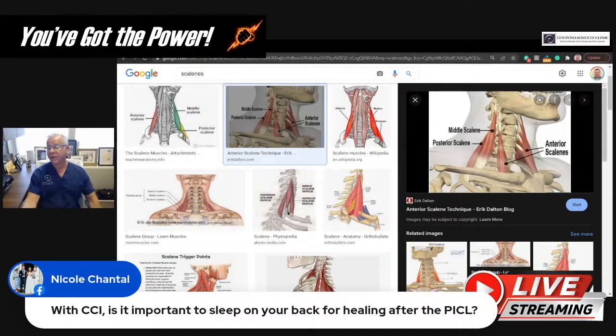But if you're one of those people who every time you sleep on your back, your partner says, hey, I couldn't sleep last night because you were snoring, then don't do that, because that's going to really cause a problem on the healing side, because it'll lead to sleep apnea. And again, that's the most common position in patients who have sleep apnea, and a lot of CCI patients have sleep apnea, for them to close off their airway.